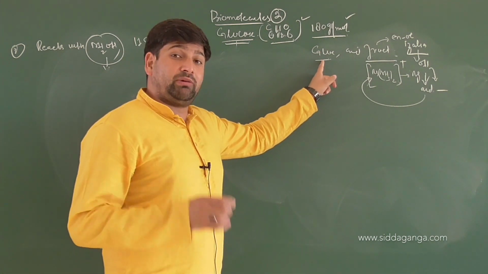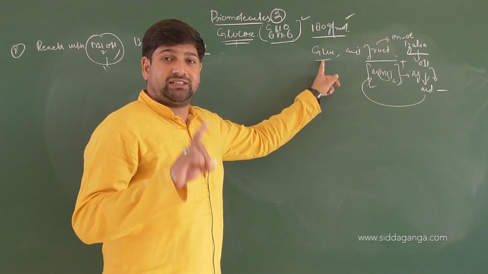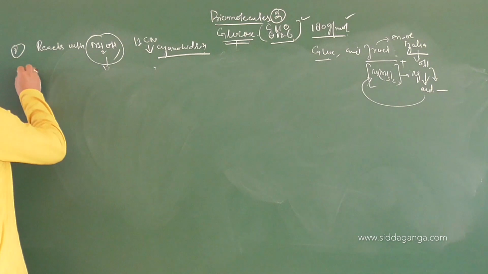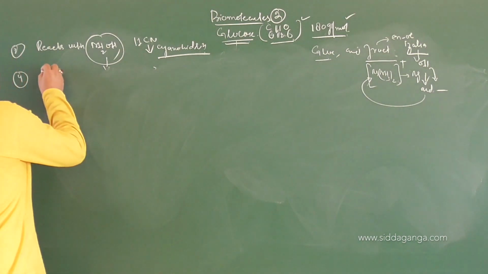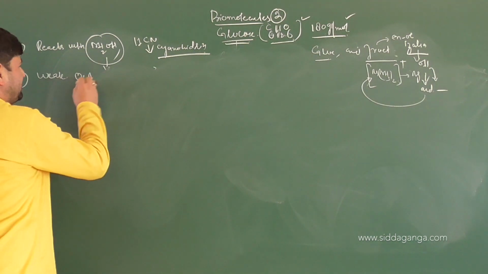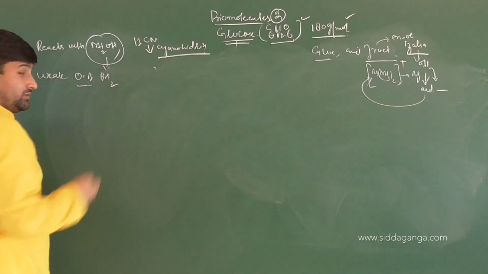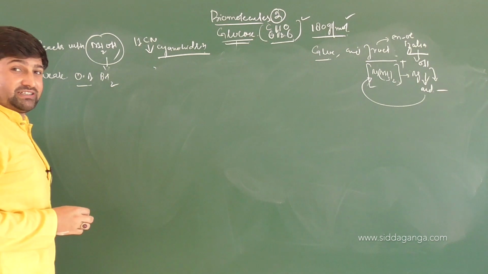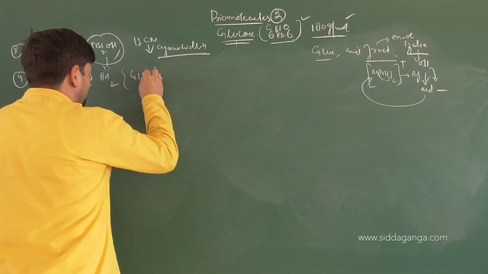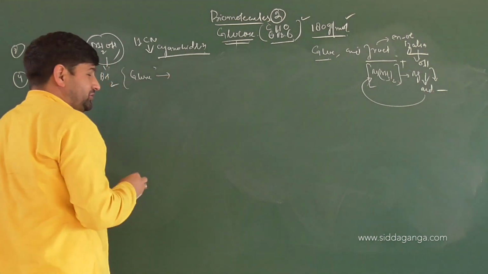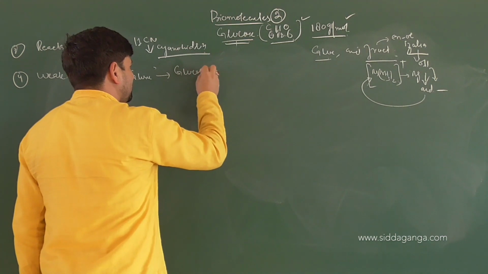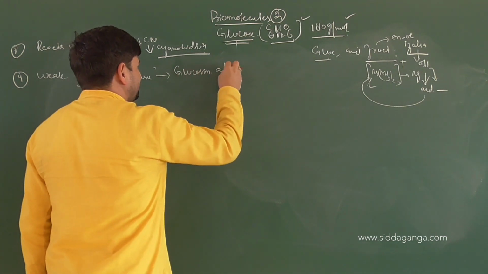Whether that carbonyl carbon is aldehyde or ketone, it depends upon the oxidizing agent as well. So, the fourth one, if you treat this with a weak oxidizing agent like bromine water, you will find out glucose converts to gluconic acid.